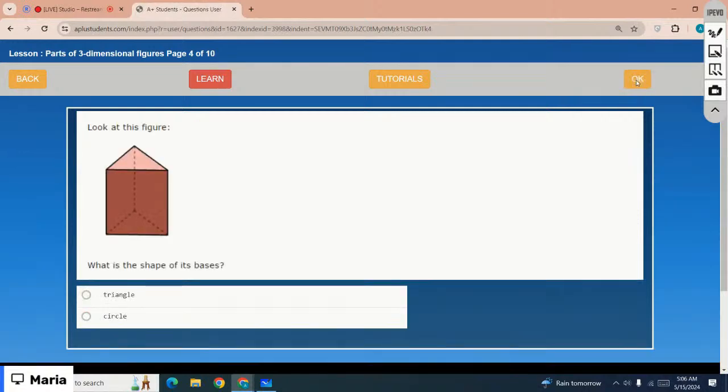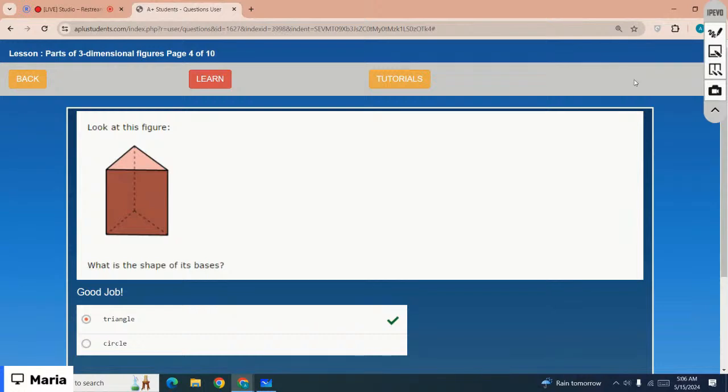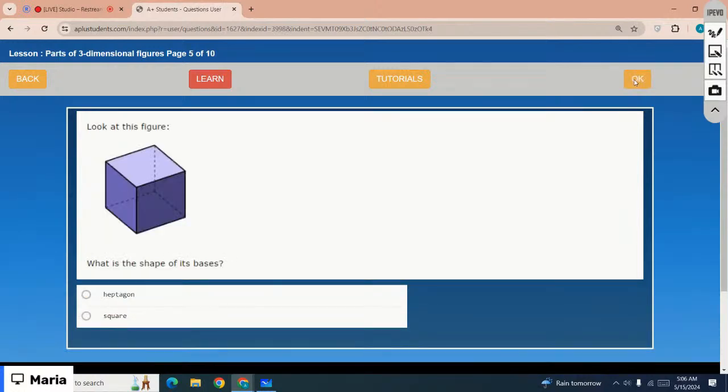Look at this shape. What is the shape of its bases? Triangle it is. The correct option is triangle. Look at this figure. What is the shape of its bases?